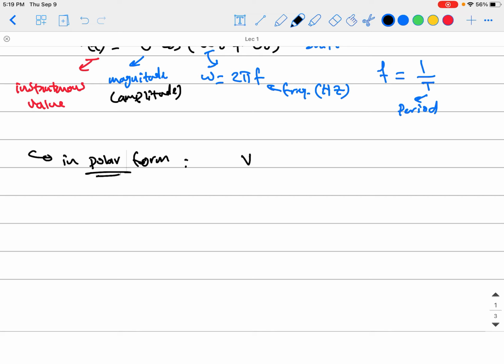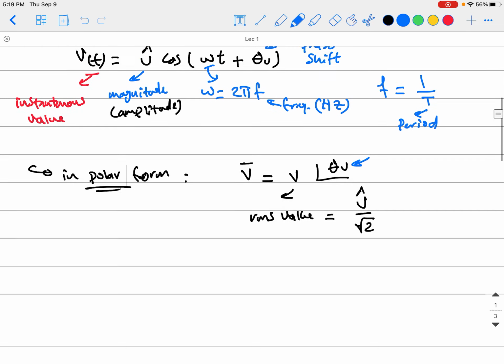You can write V, capital V with a dash over it, equals V at angle theta V, where this V is the RMS value and equals the magnitude V hat over square root of 2. And theta V is the phase shift we talked about before.